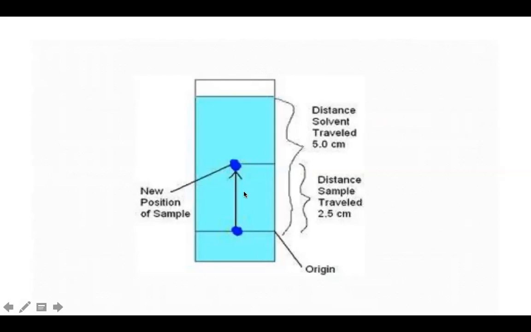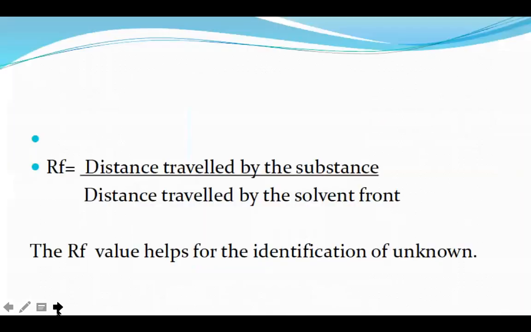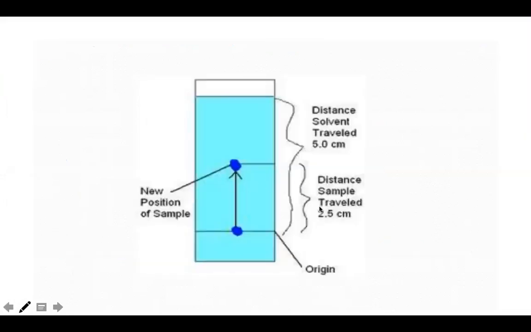So we can calculate the speed of the compound by using a formula called RF: distance traveled by the substance divided by distance traveled by the solvent. For example, here the RF value would be 2.5 by 5, that means half.